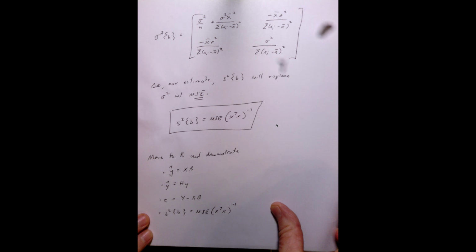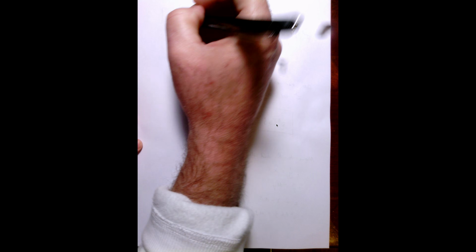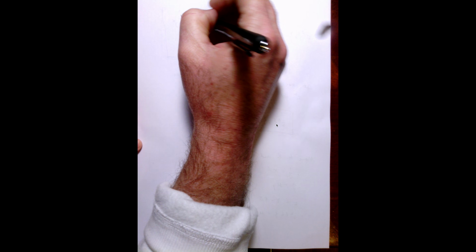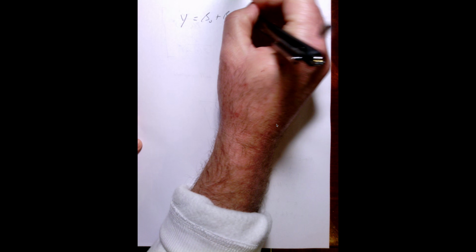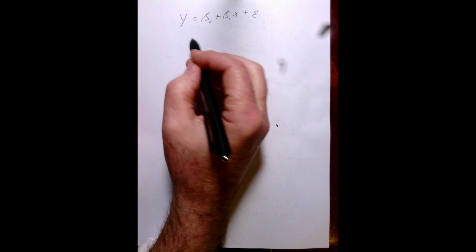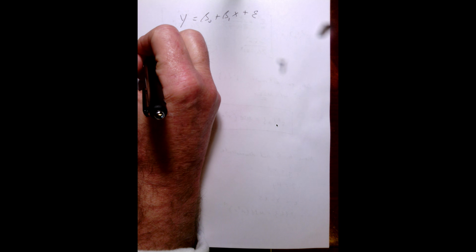Imagine this. All right, so we have this population model where we have our y's as beta 0 plus beta 1 x plus our errors. So what we do is we dive into this population and we take a sample.